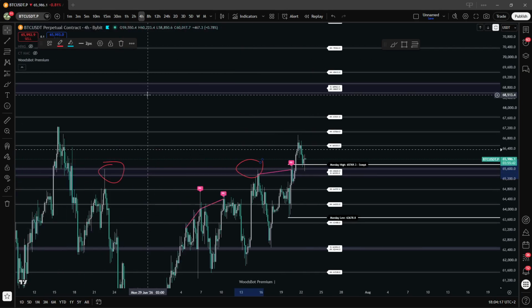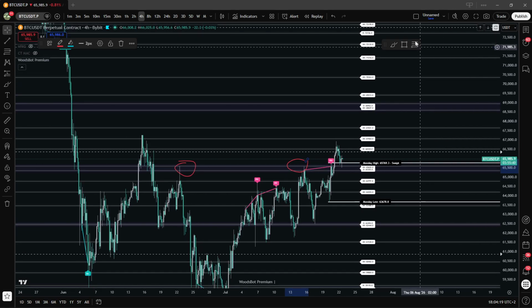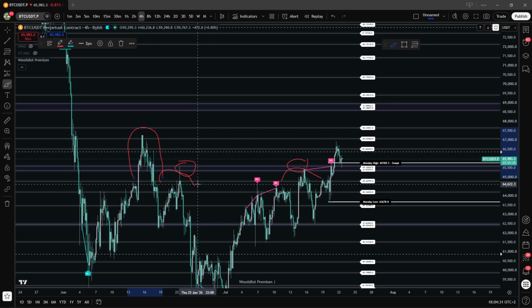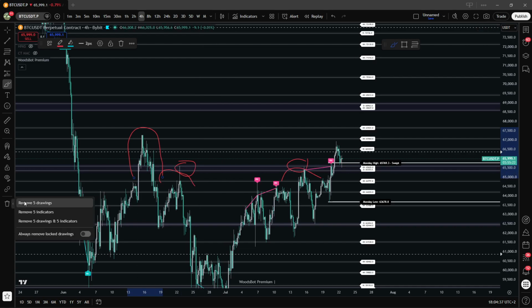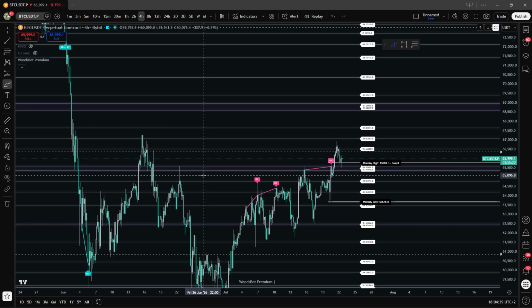And I think this is just a really important area because price action has been rejecting off this confluence zone 2 times, right? And once it deviated. So it deviated once and it then acted as major resistance 2 times after that. So it is an important area. And now price action finally managed to close not even a 4-hour but a daily candle above this confluence zone.